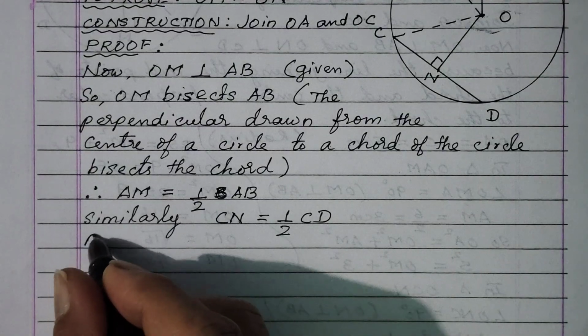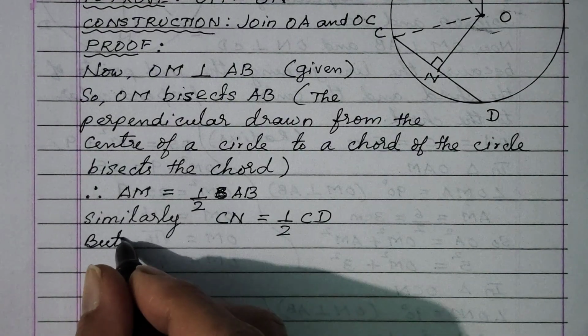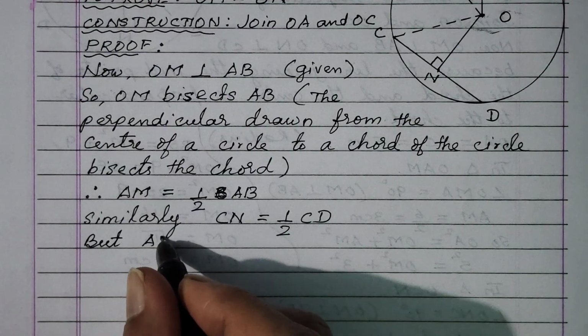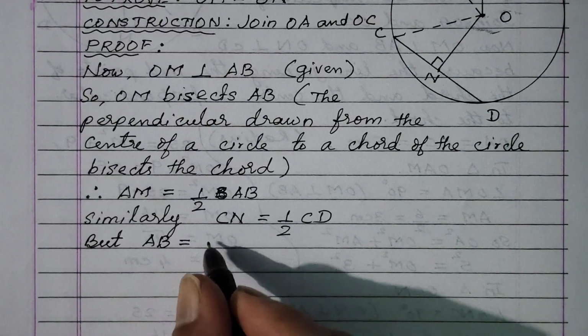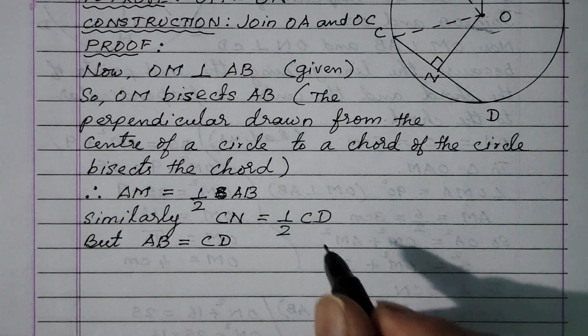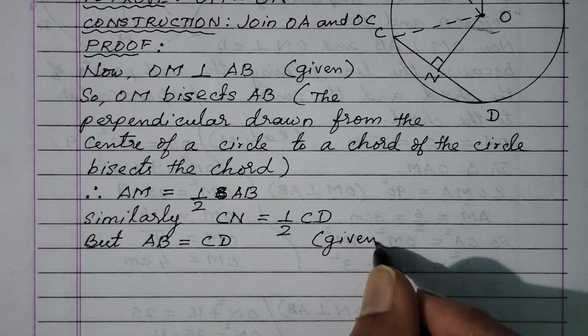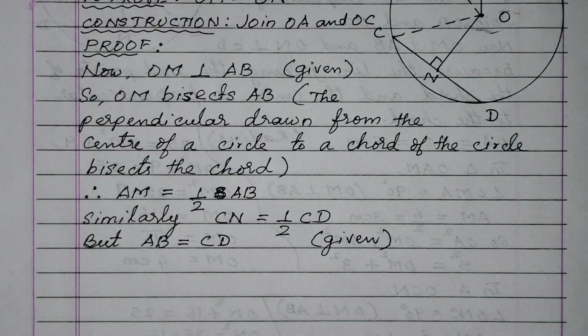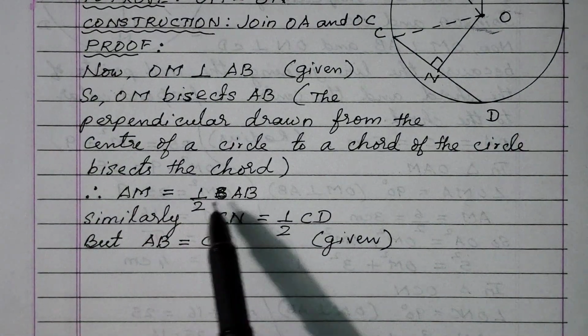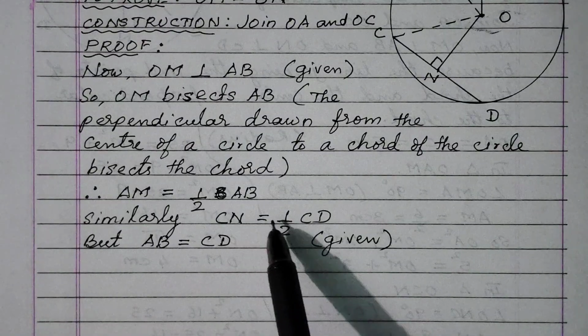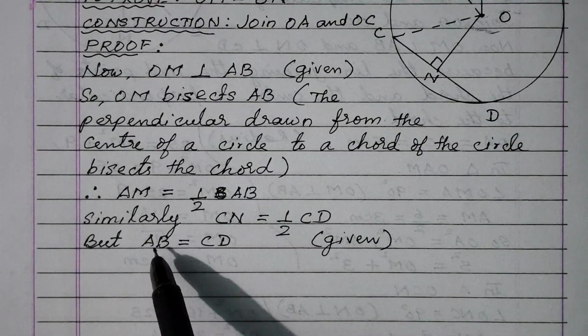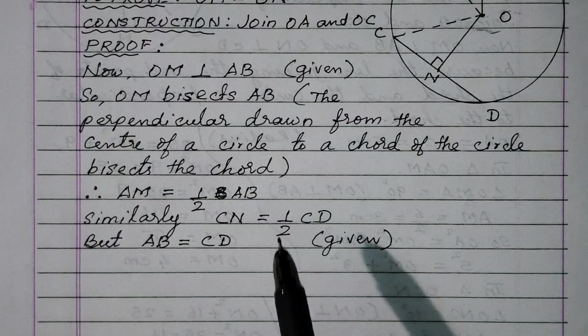But AB is equal to CD, given. You can see here AM is half of AB, CN is half of CD, and AB is equal to CD.